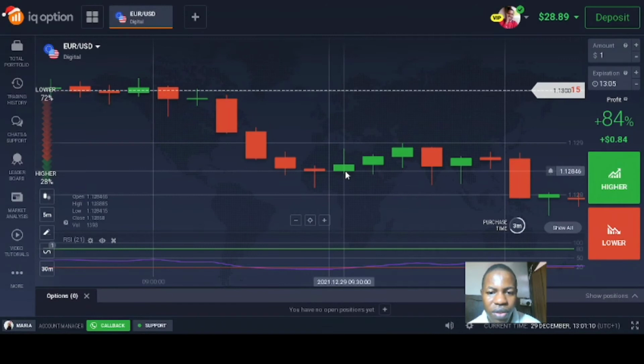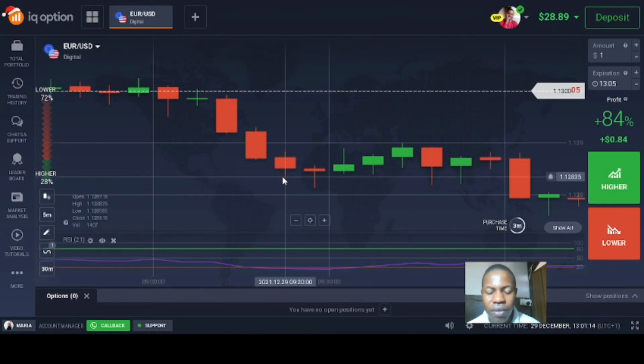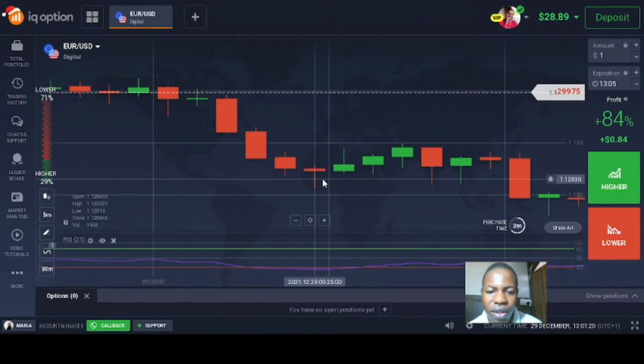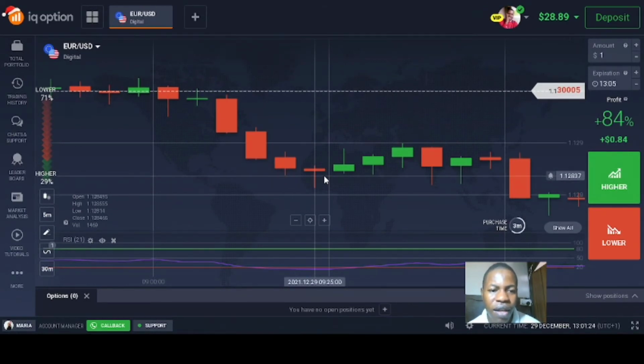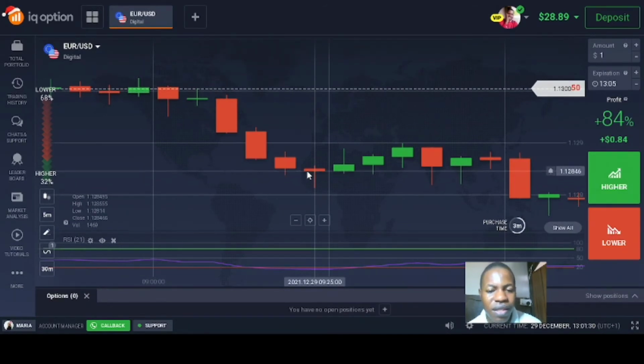For this one, we'll now use $2, then we'll recover this and this. Now take note, whenever you lose the first trade, every other trade you are going to put is actually to recover the lost money. Now with this, you will always be a winner if you can take 5 successful trades in a row.